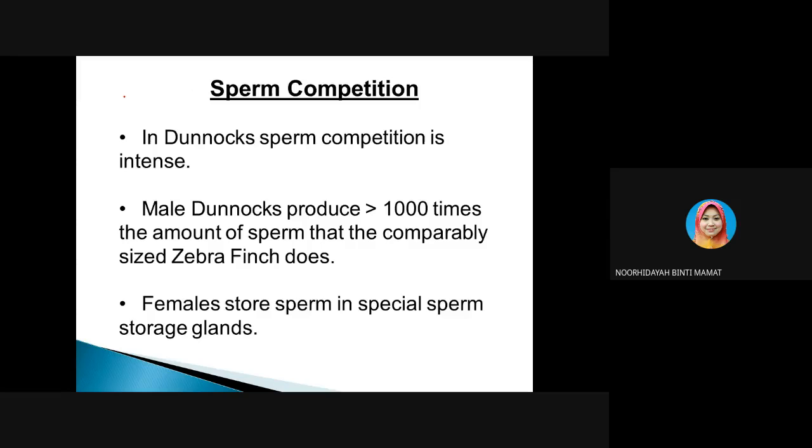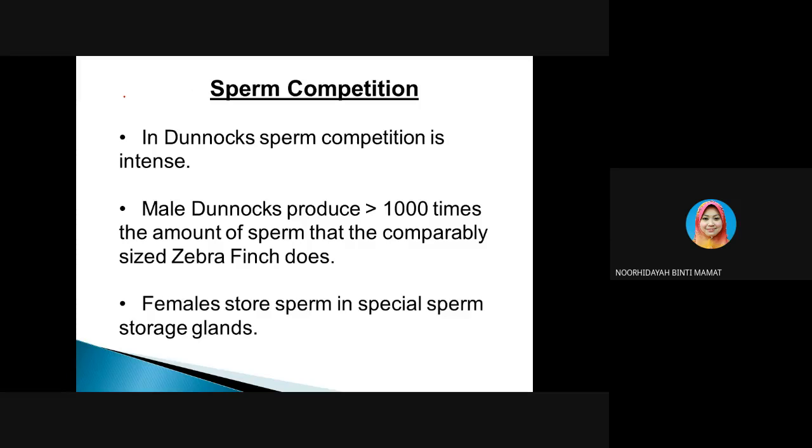So sperm competition is a competition to increase the reproductive success of the male. In dunnocks the sperm competition is very intense, because each male tries to have the highest percentage of paternity. Normally male dunnocks produce more than 1,000 times the amount of sperm, comparable with the zebra finch.